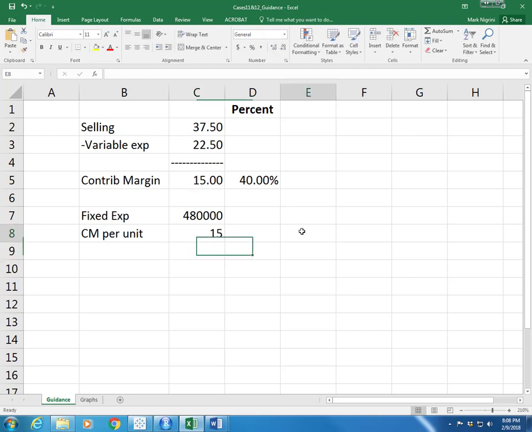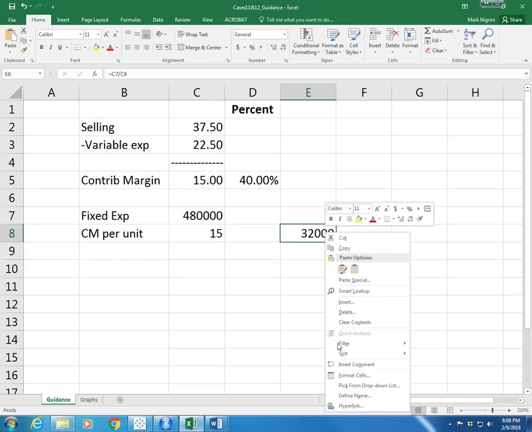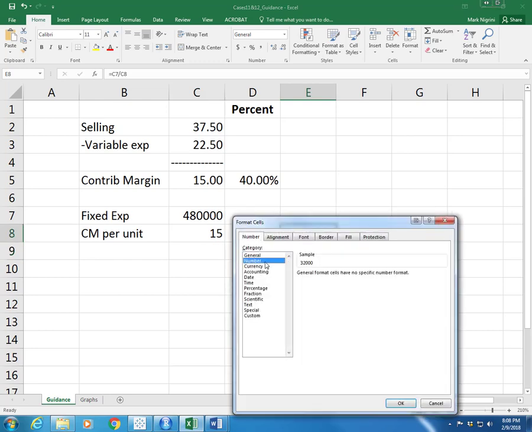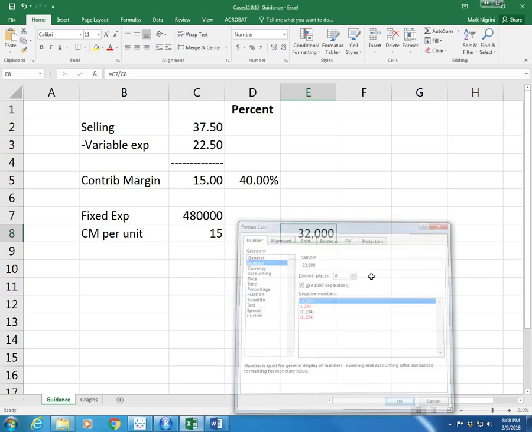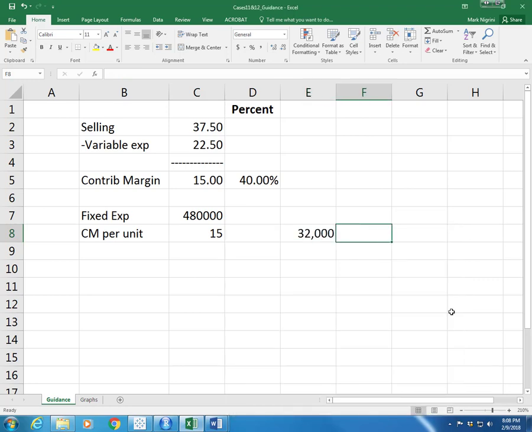And so when I do the division here, I get 32,000. We can format the cells, give it a nice 1,000 separator. Don't need any decimals. And so my break-even point is 32,000 units. That's a bit better.